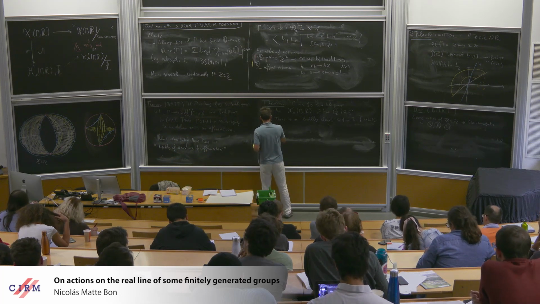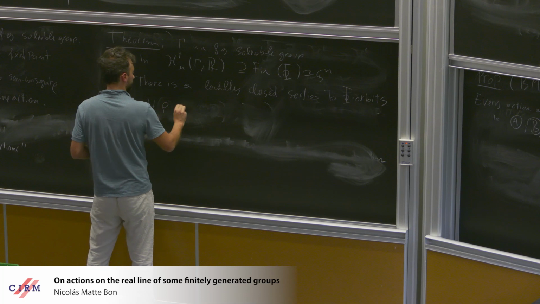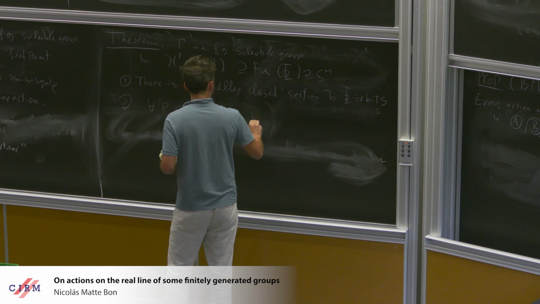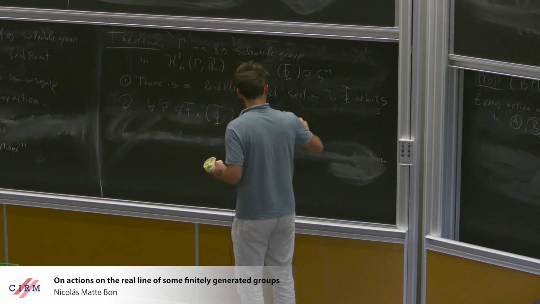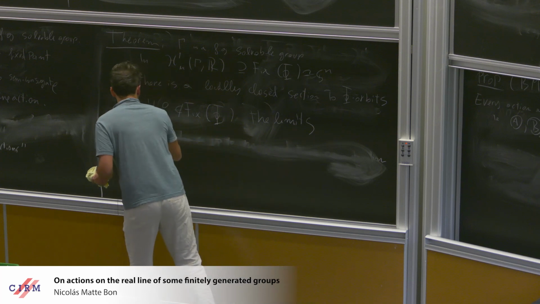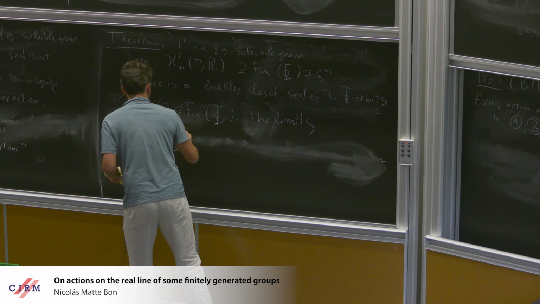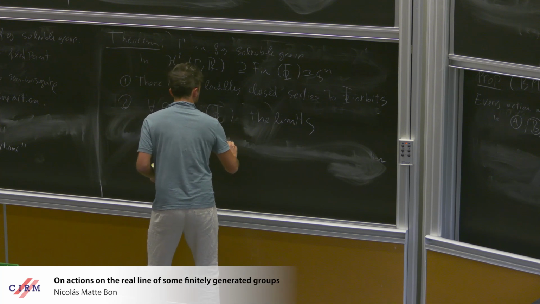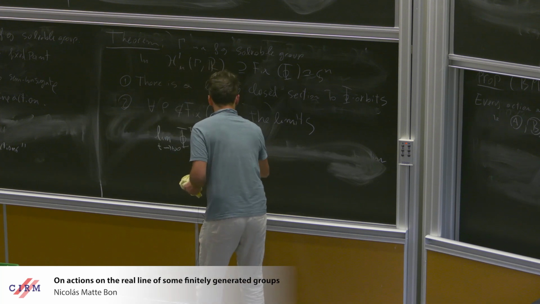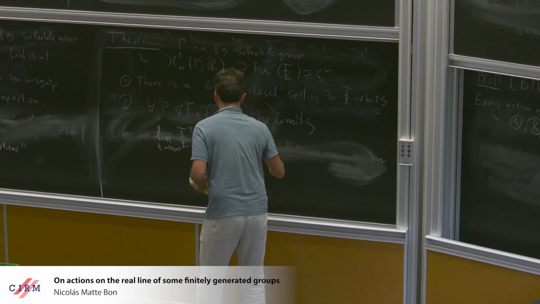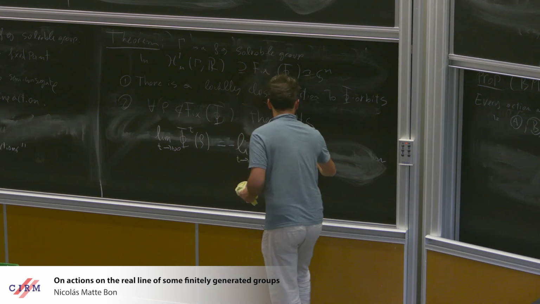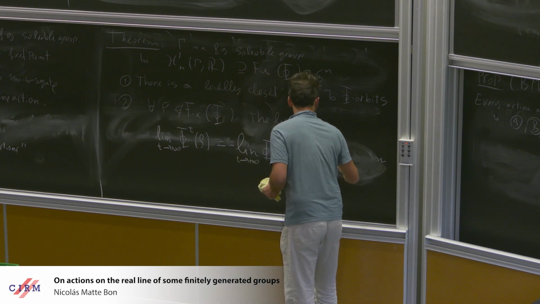And second, for every rho which is not a fixed point of the flow, the limits exist, and there are opposite points in this sphere of actions by translations.